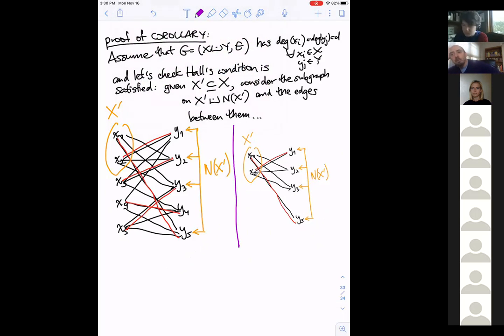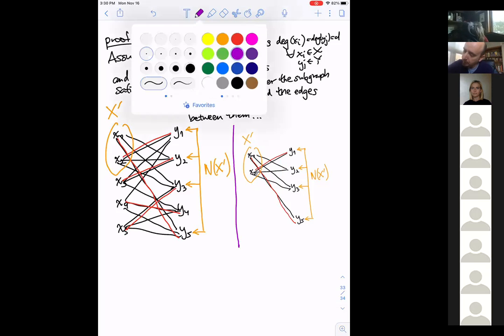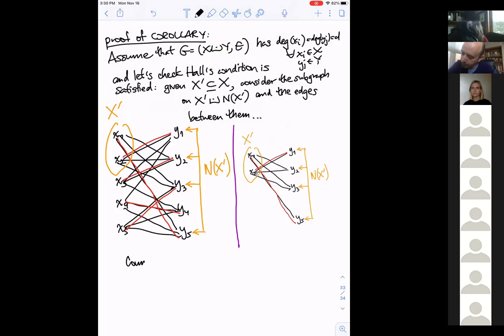And so what I want to do is count in two ways the edges that occur in this subgraph, according to their left endpoint and according to their right endpoint.